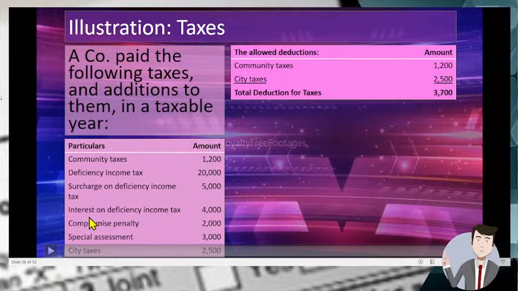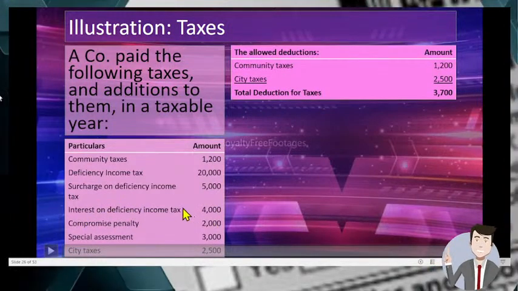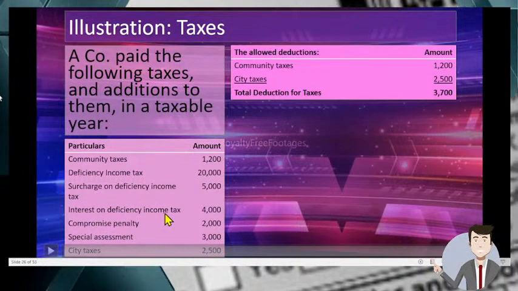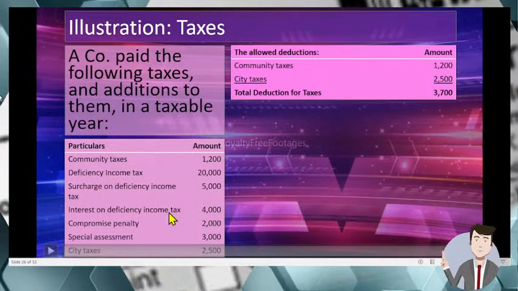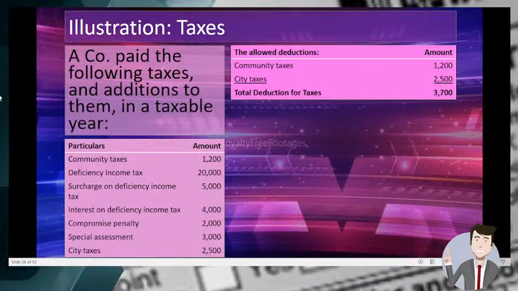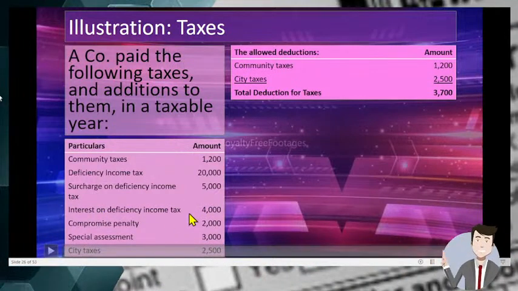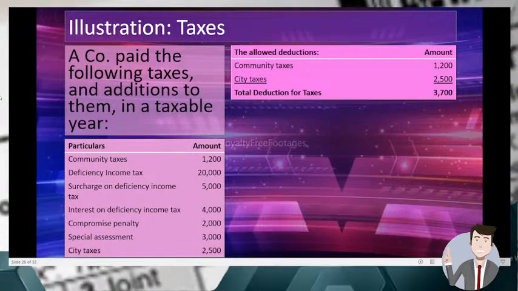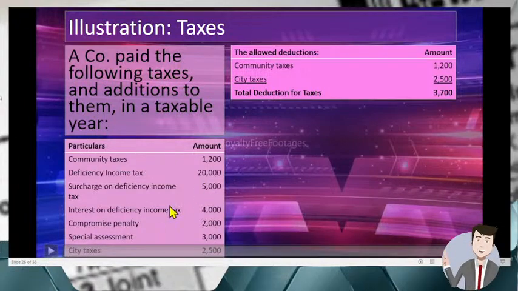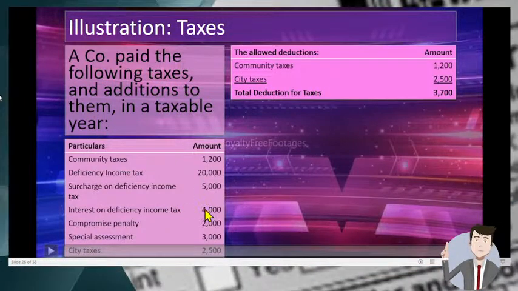Okay? Then the interest on deficiency income tax will form part of your interest expense and is not considered as taxes. Instead, it is interest expense. Okay? Although this is deductible, it is not deductible under the title of taxes. Instead, it is under the title of interest expense. And we will discuss that later.